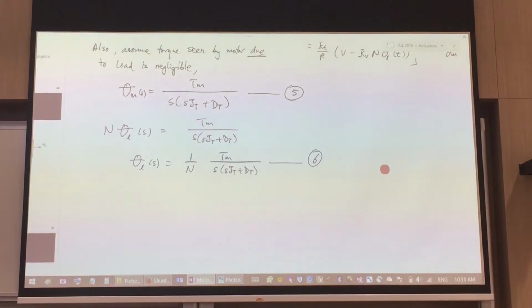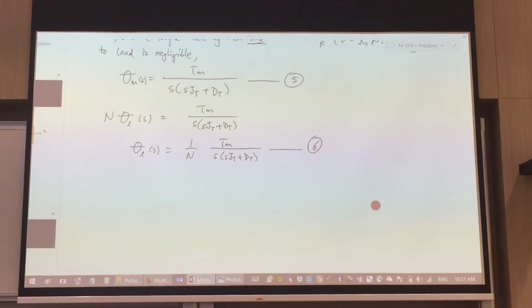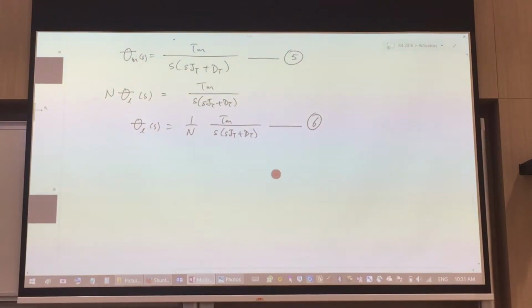After you have all these expressions, you're going to sketch the overall transfer function. So we already have that part.